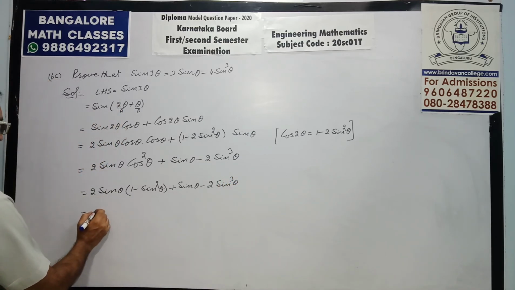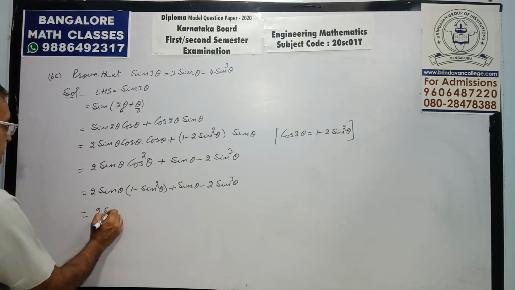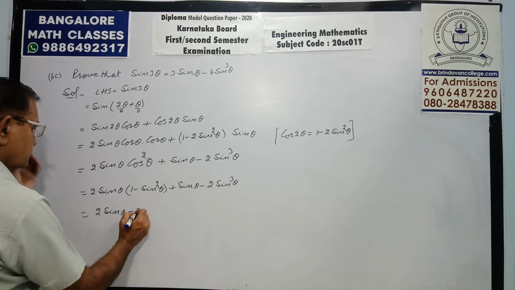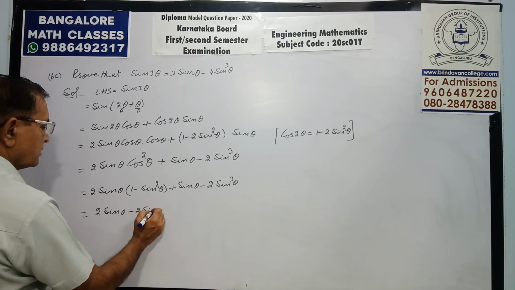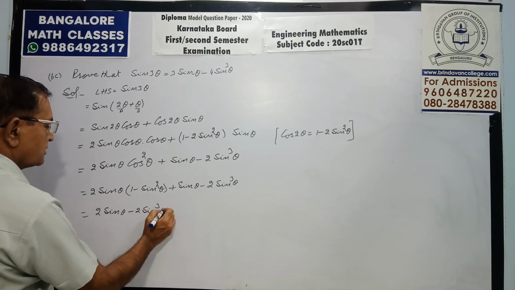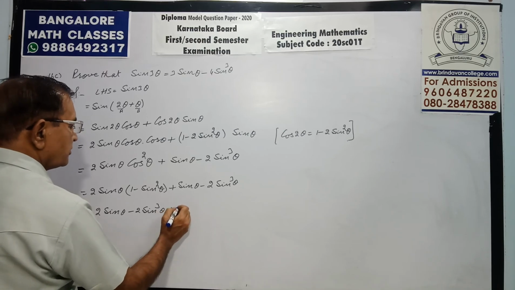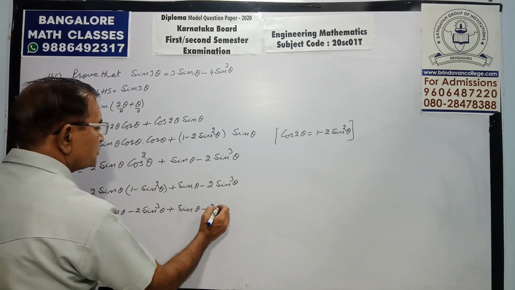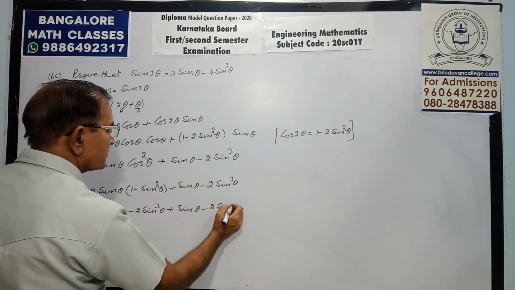equals, multiplying, 2 sine theta minus 2 sine cube theta, plus sine theta minus 2 sine cube theta.